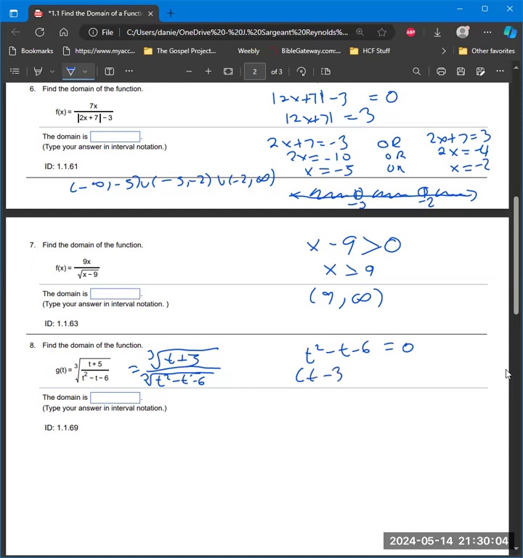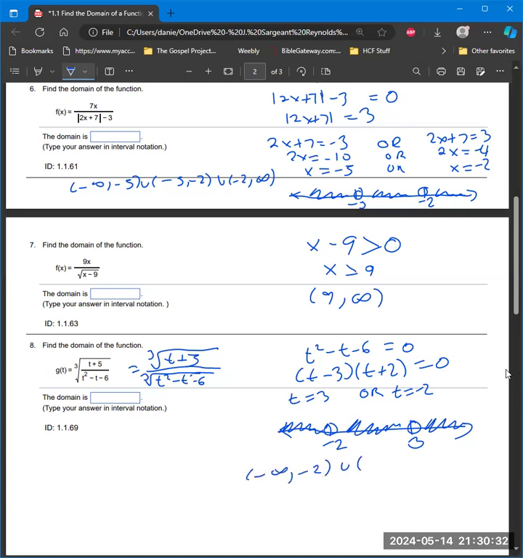T minus 3, t plus 2 equals 0. T equals 3 or t equals -2 are my bad numbers here. -2 is to the left of 3. It's allowed to be everything else. So we have negative infinity to -2, union -2 to 3, union 3 to infinity for our domain.